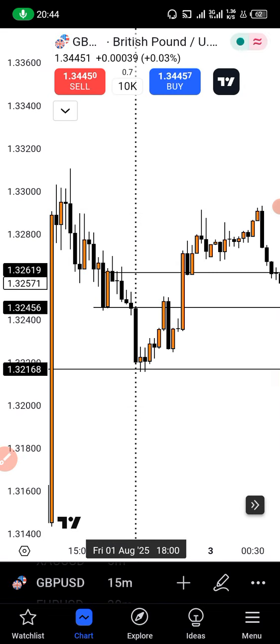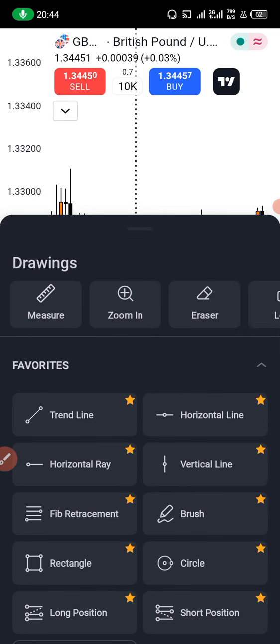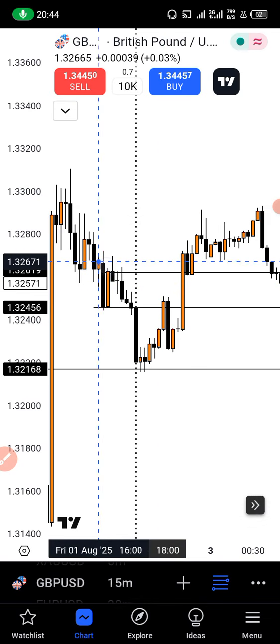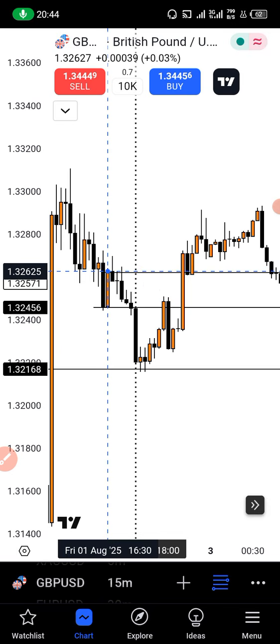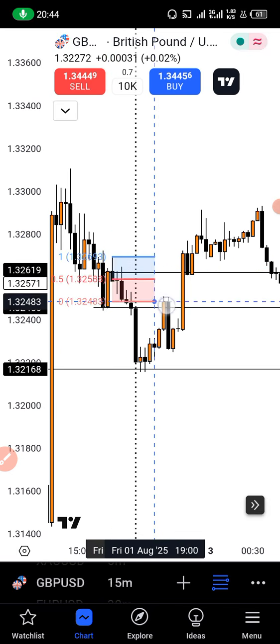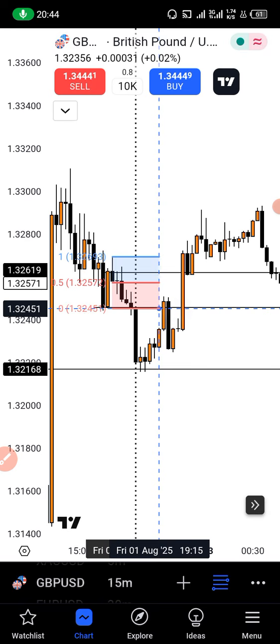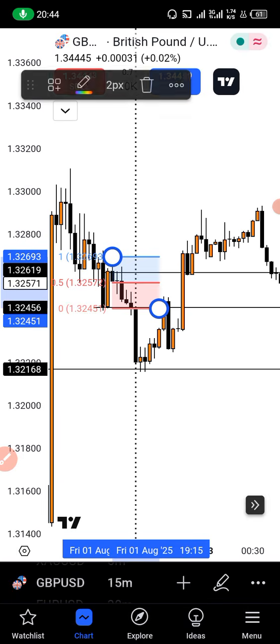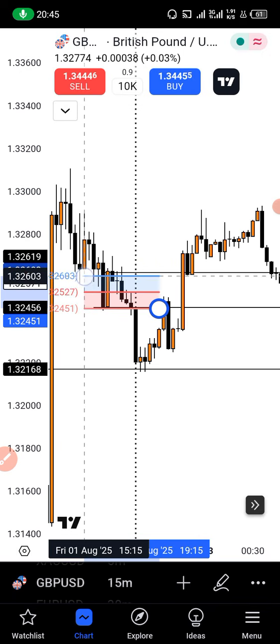Remember the 50% of this level here. You can draw from this point here down here. You could just see the border of this place, for example.